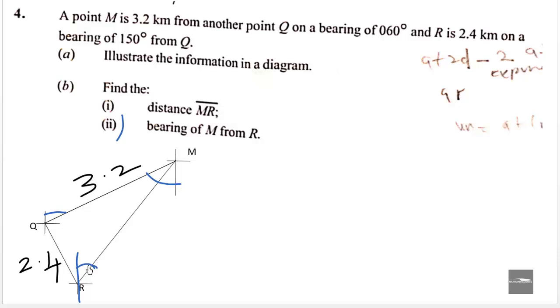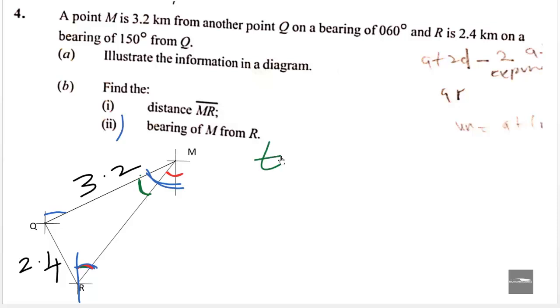So this angle here will be equal to the angle that is here. And we know that this whole angle over here is 60. So when we calculate the small angle over here, and we take it from the 60, we'll obtain the angle we are looking for. So how do you calculate this angle here?